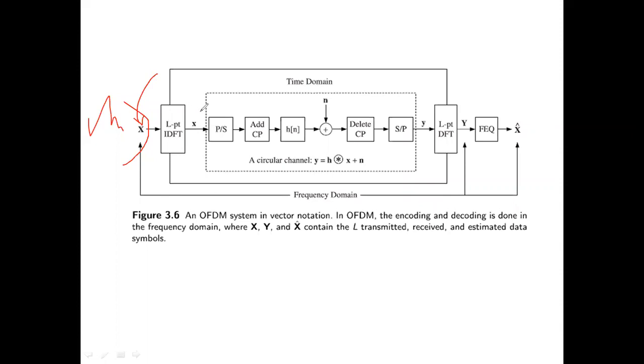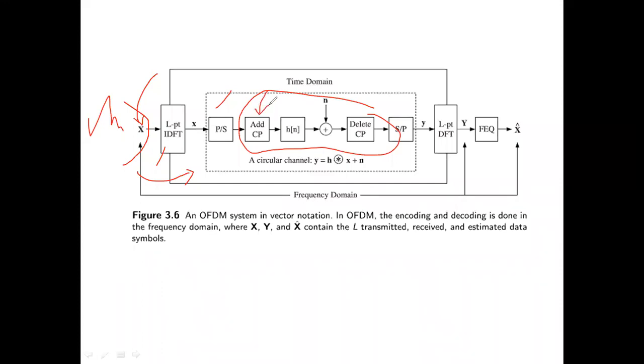So you take IDFT, convert the data once again from parallel to serial. And since you are talking about a channel which is in time domain, that is the reason why IDFT was taken, to indicate the frequency to time conversion. We discussed in great detail what's the deal with adding this cyclic prefix.